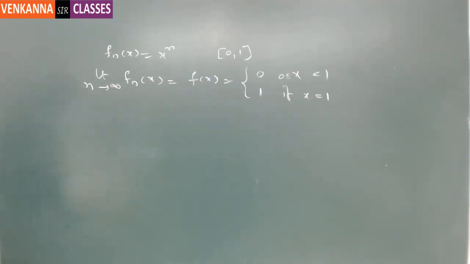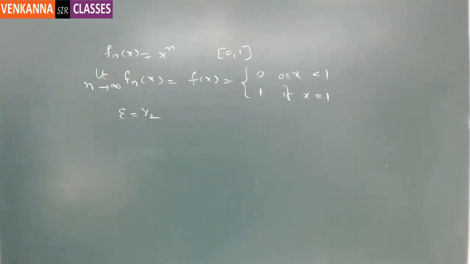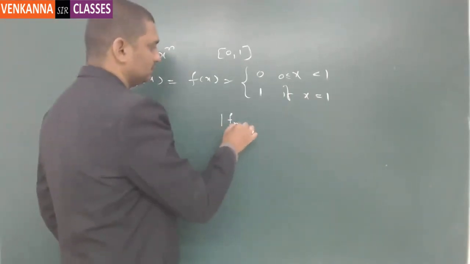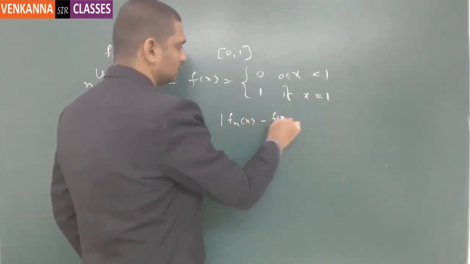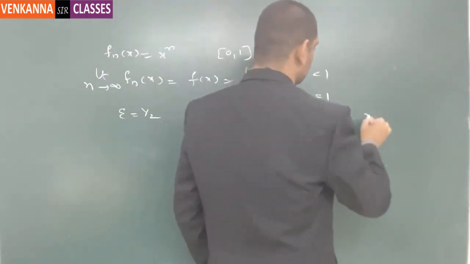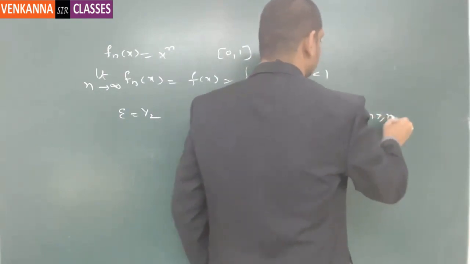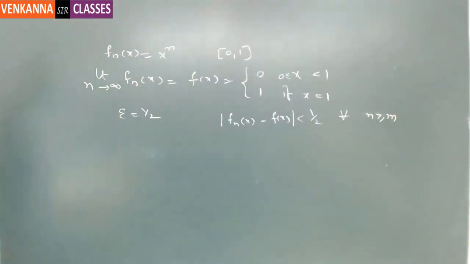For example, let us take epsilon is equal to 1 by 2 and the definition is given like this. This is the definition of convergence, right?